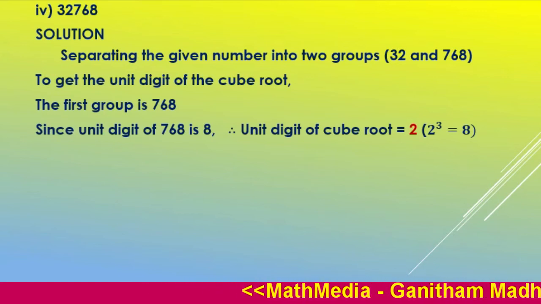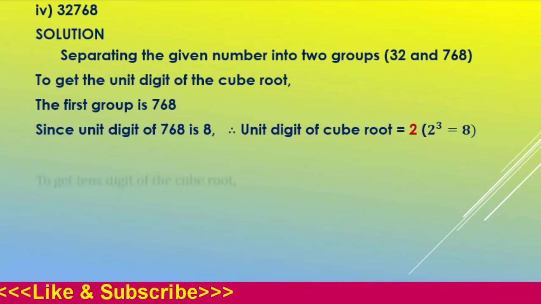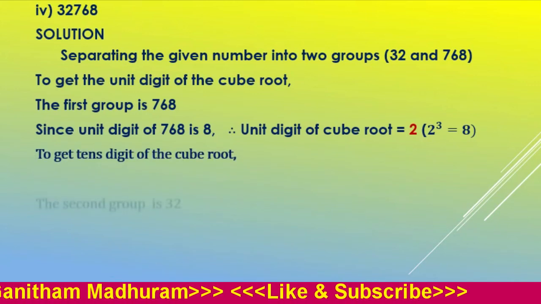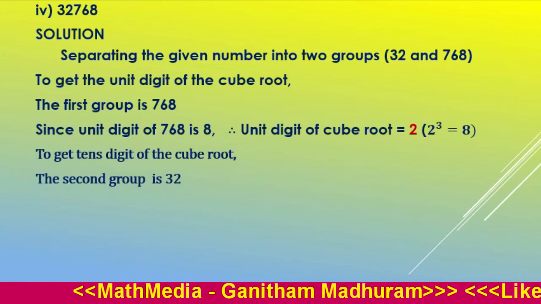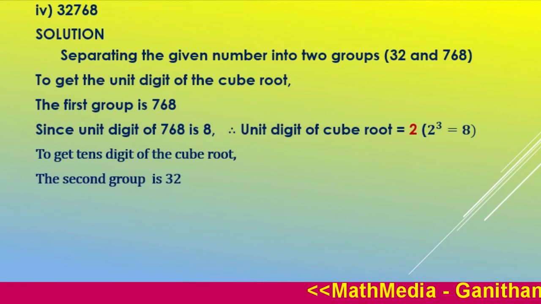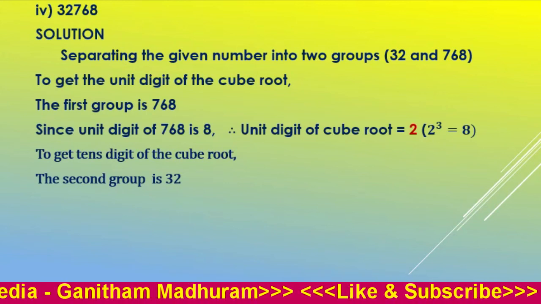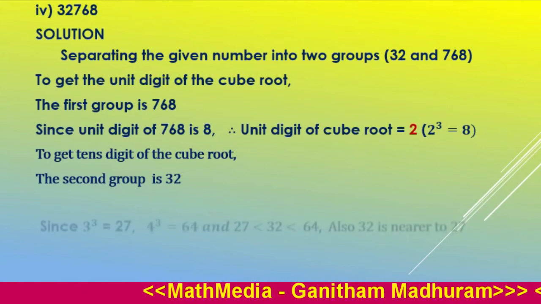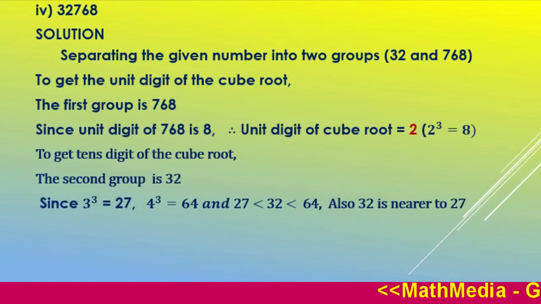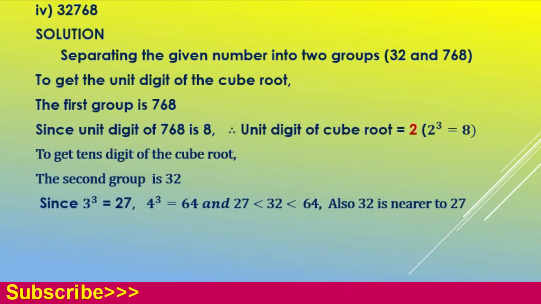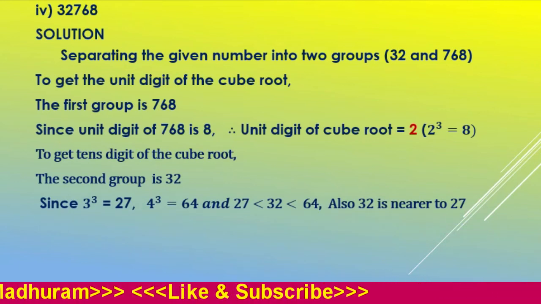Next, we have to find the tens digit of the cube root. For that, we have to take the second group. Our second group is 32, which is not a perfect cube. So we find between which two perfect cubes the number 32 lies. As we know, 3 cubed equals 27 and 4 cubed equals 64.